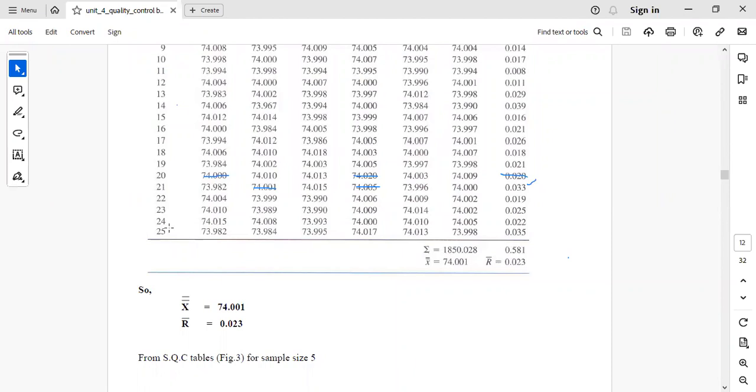Then what you get, like in this case, 0.581 divided by 25. And again, you can confirm whether that is the case. So whatever you get, divide by 25 to get 0.023. Right?